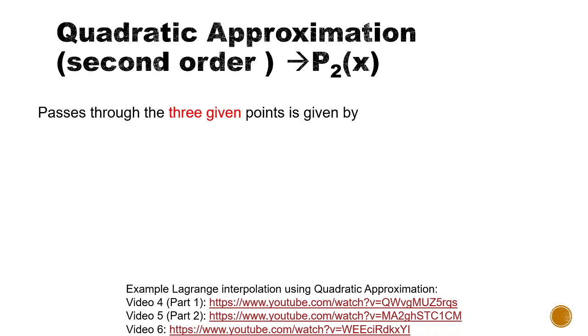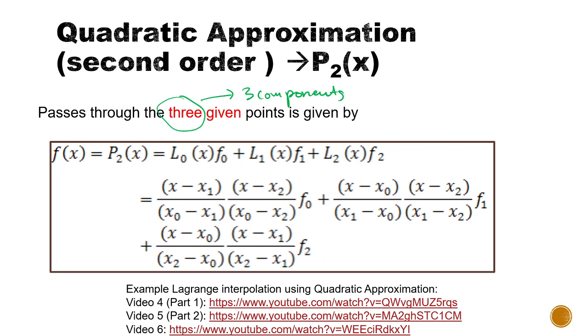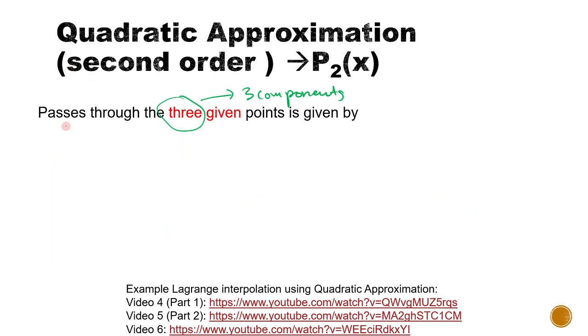Since you have 3 points, it means you should have 3 components. Just now it was 2 components, and this one is 3 components. So the similar equation, but with a little bit of change, or some additional information needs to be added.